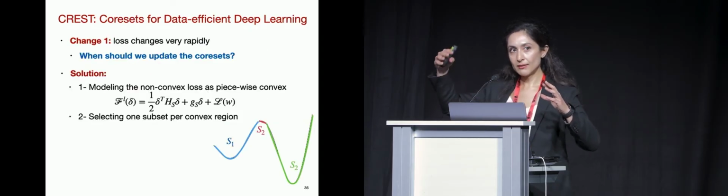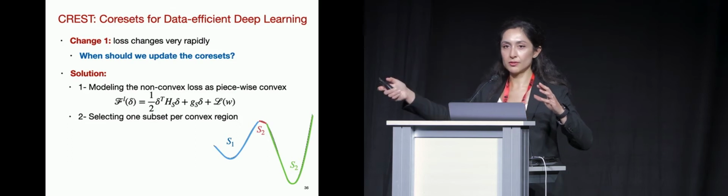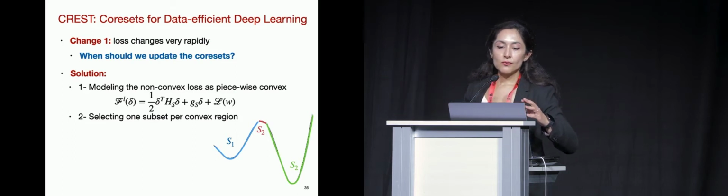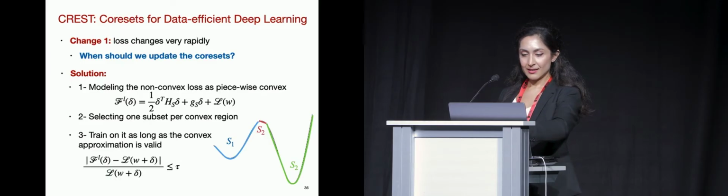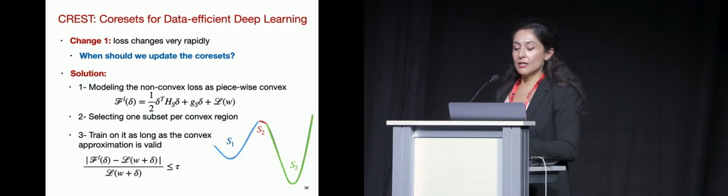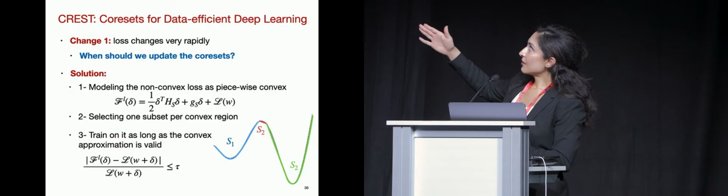Now, the only thing we need to figure out is when do we get out of this blue region? So we keep training on this blue region. Anyways, so we find one subset at the beginning of the blue region.